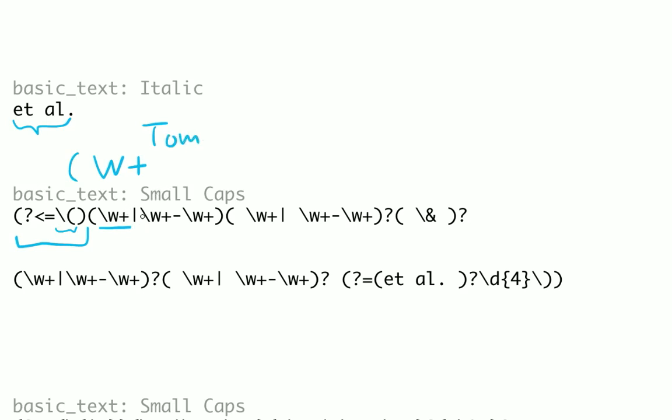However, we have again our OR symbol, because we might have a name that is divided in two, something like this. And we might have a name that isn't connected by the sign, for example, Tom, Tommy.